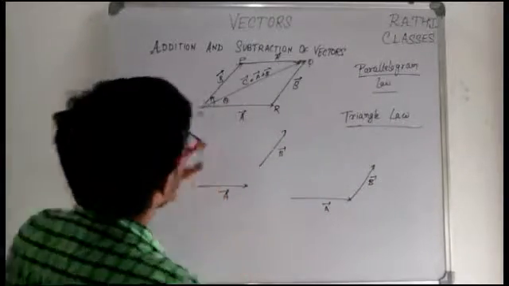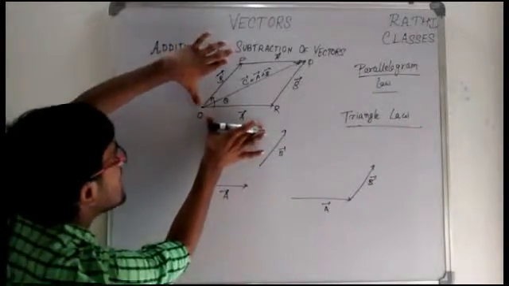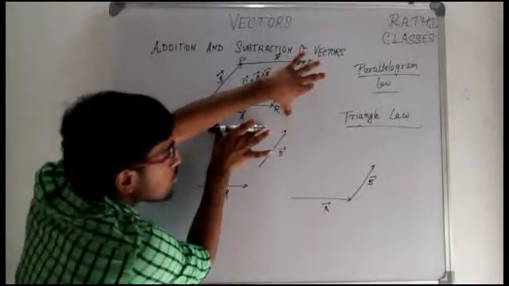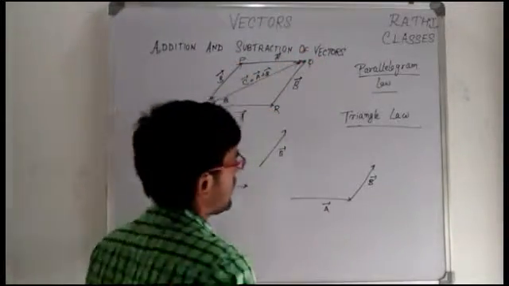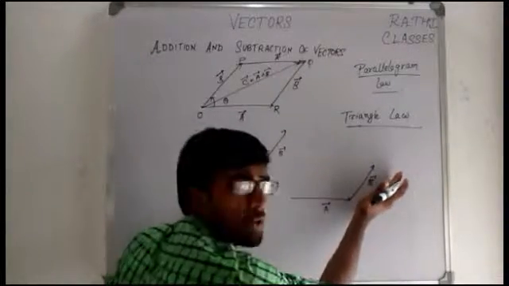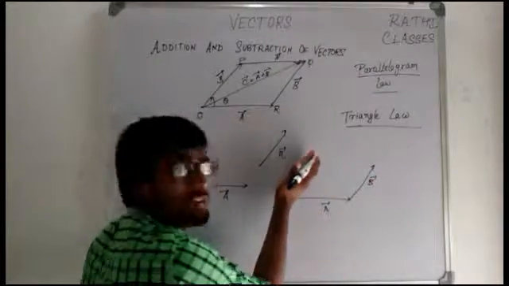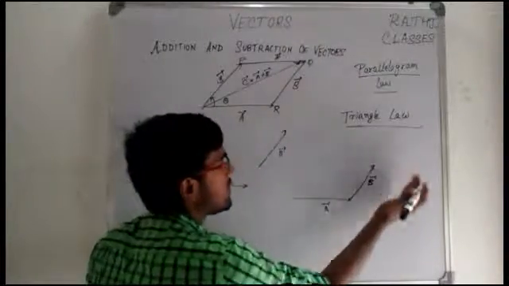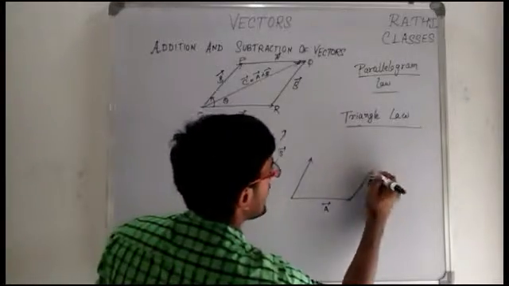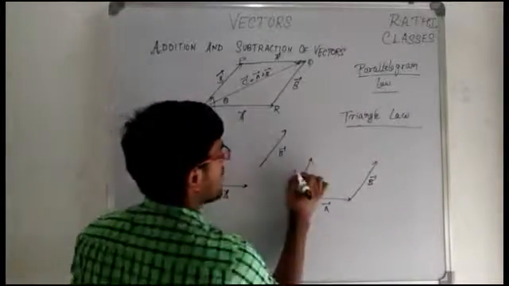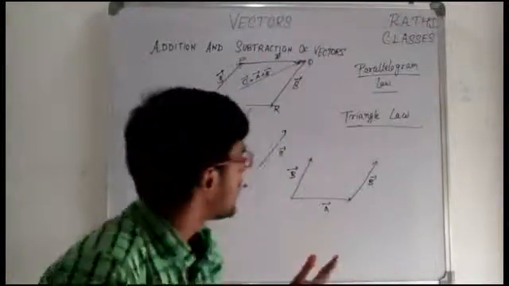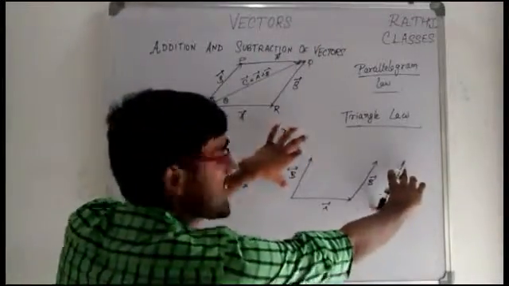Now note, in this case we have two vectors like this, but in this case we have two vectors like this, right? So what I do is, I shift this vector B here without changing the magnitude and direction. We shift this parallelly here, so it becomes like this, and this is also vector B. According to the property of invariancy of vector, this vector and this vector will be same.